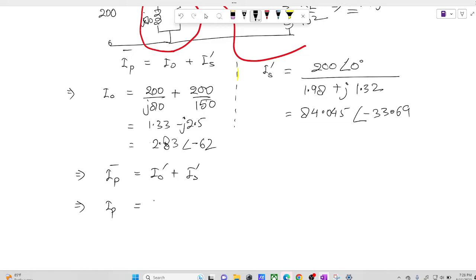This is 2.83 angle minus 62 plus 84.045. Sir, please tell me how to get that 84.045, what is the process?